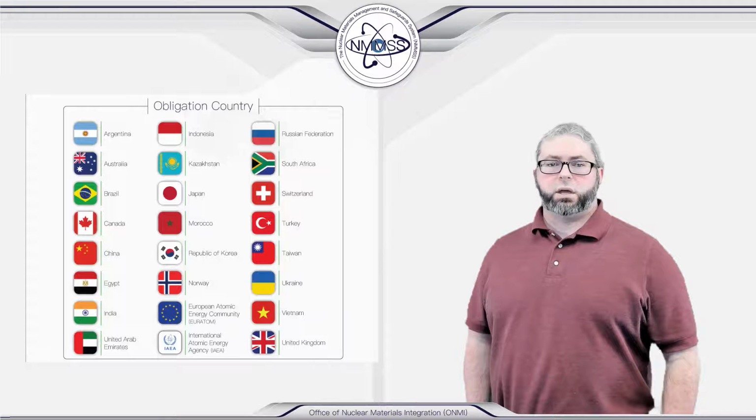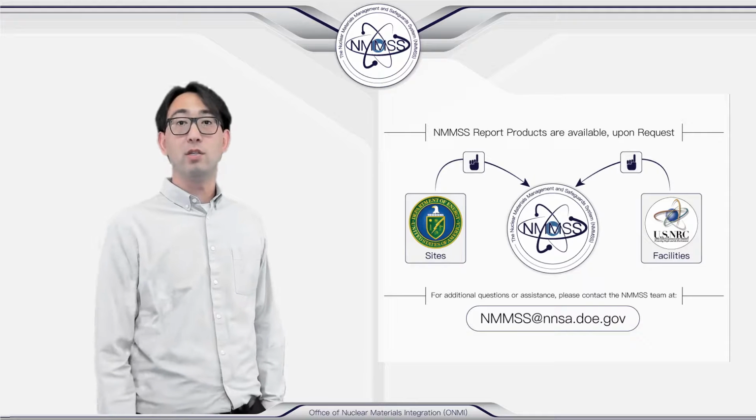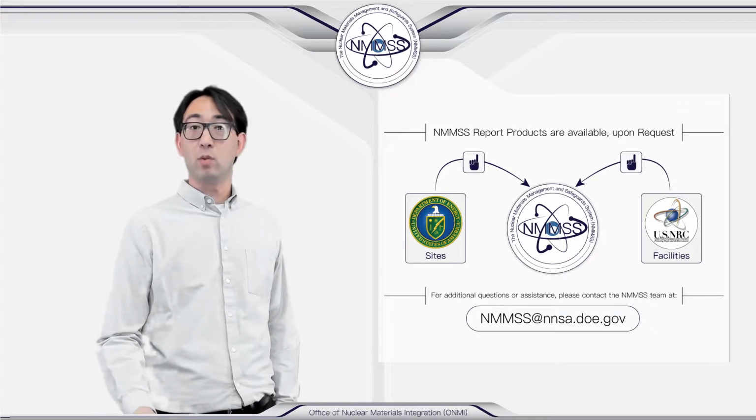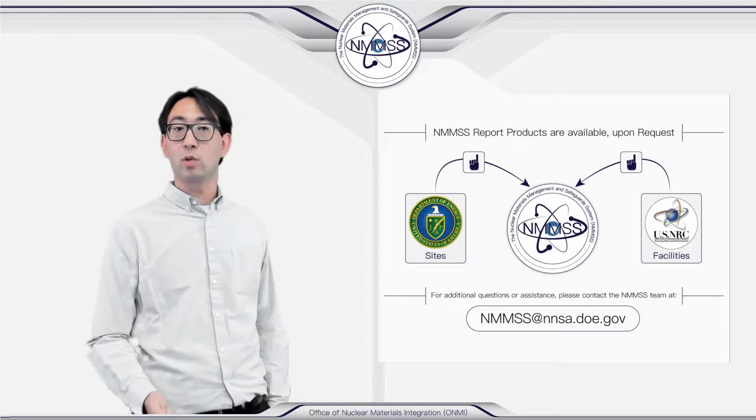During reconciliation, pay particular attention to cumulative obligation totals by obligation country on the material balance records and project number totals on the physical inventory data. All must be reconciled. NMMS would like to remind DOE sites and NRC licensees that NMMS report products are available upon request to assist in internal management of their facility balances outside of their required reporting frequency.